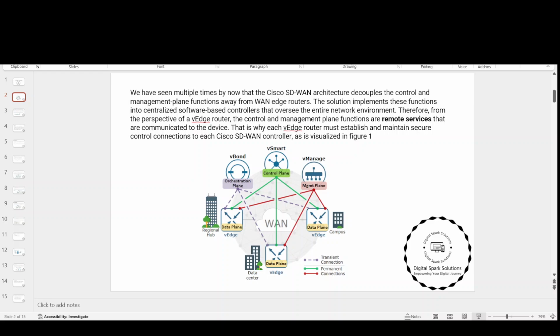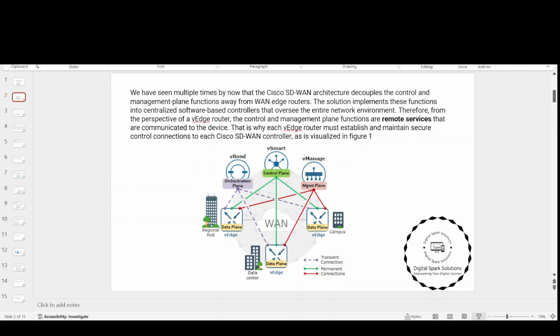That is why Cisco SD-WAN has taken a different, more scalable approach when it comes to securing the control plane protocols. Every WAN edge router establishes one or more secured control tunnels to each SD-WAN controller. The tunnels are secured using a standard transport security protocol, DTLS or TLS.